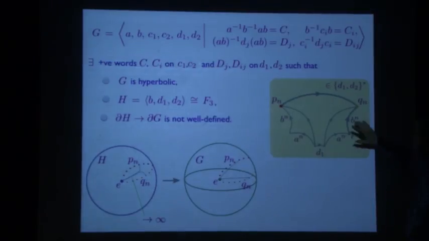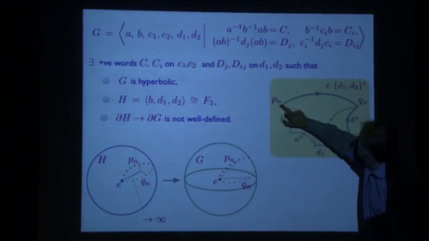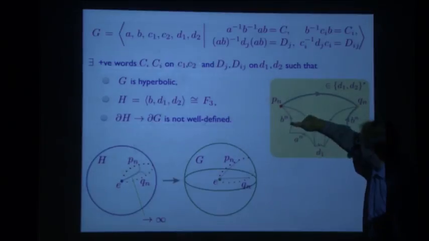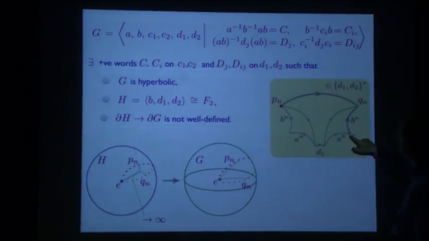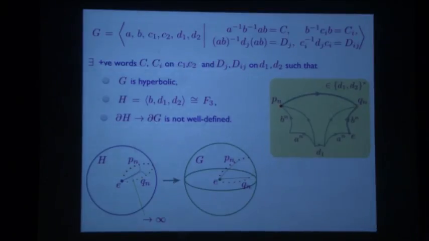And it turns out that in this group, the group element that takes you from Pn to Qn, in other words, b to the minus n, a to the minus n, d1, a to the n, b to the n, equals a positive word on d1 and d2. In fact, it's a positive word of length double exponential in n.